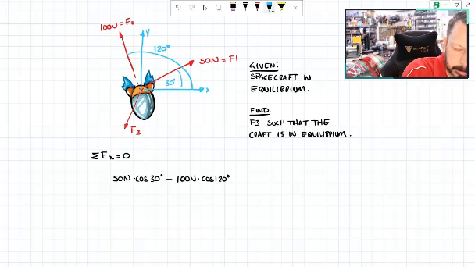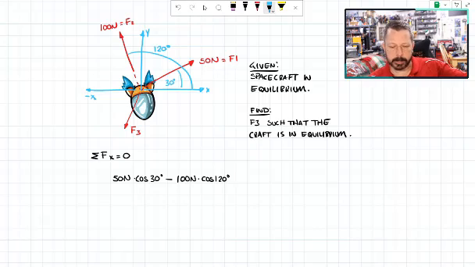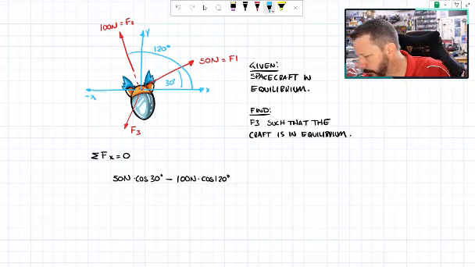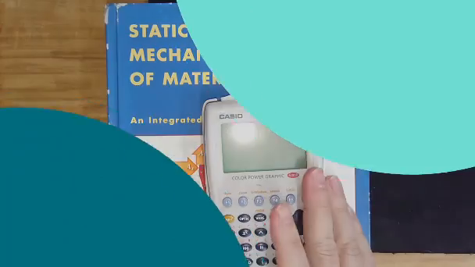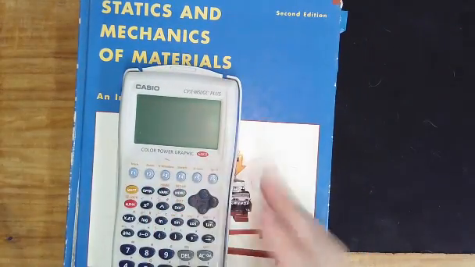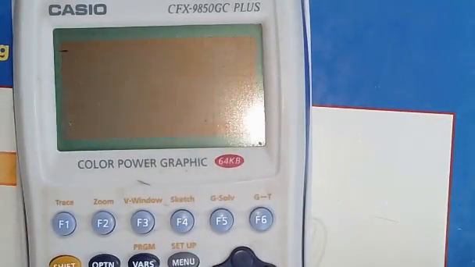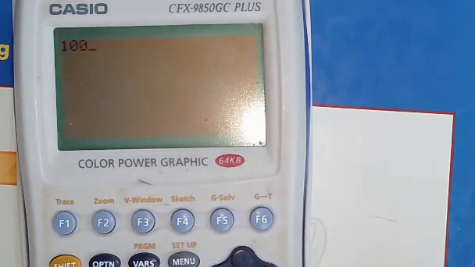If I had this axis, that would be my negative x direction. So it's pointing in there, and I put a minus sign. But if you go to your calculator and actually do the math for it, 100 times the cosine of 120, the answer I'm going to get is already negative 50.